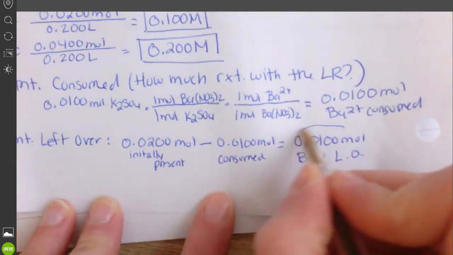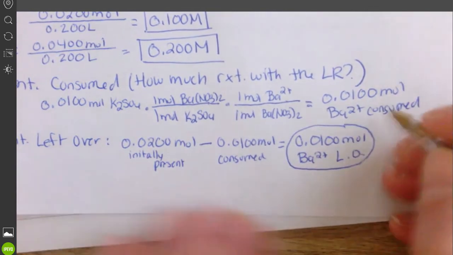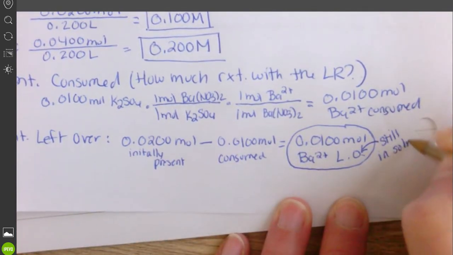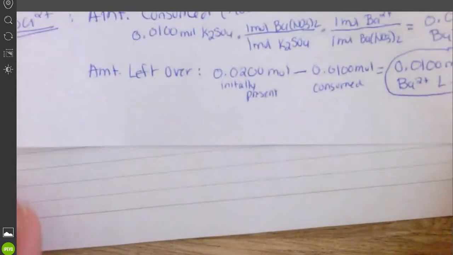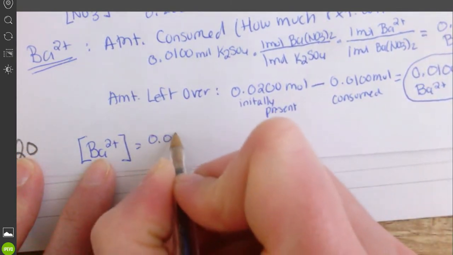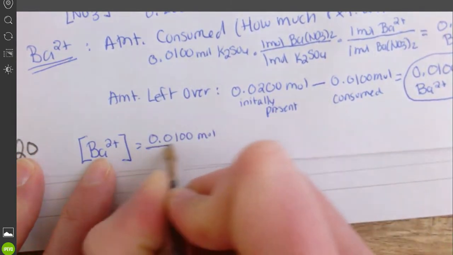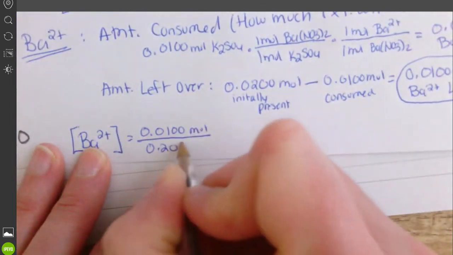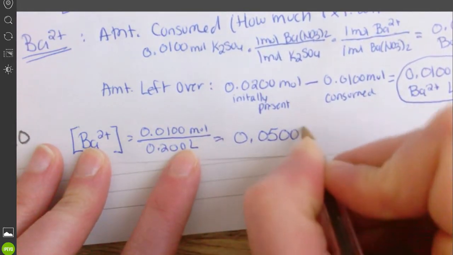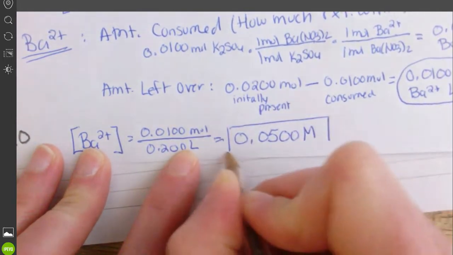This amount is how much of the barium ions are still in solution. When I say left over, that means still in solution. I can now figure out the concentration. My concentration of barium ions is the amount that remains in solution, my 0.0100 mole, divided by that new combined volume of 0.2 liters. When you find that, you get a 0.0500 molar solution.